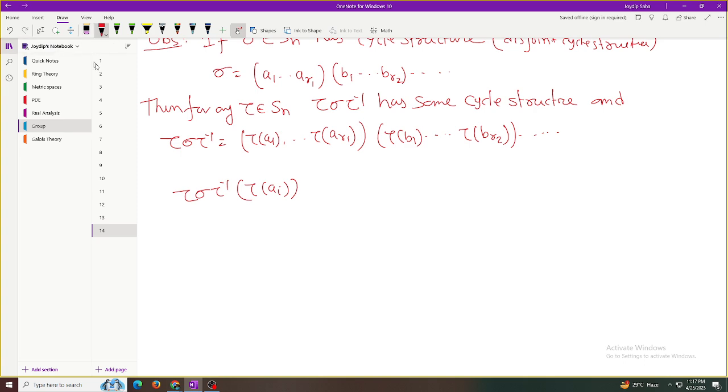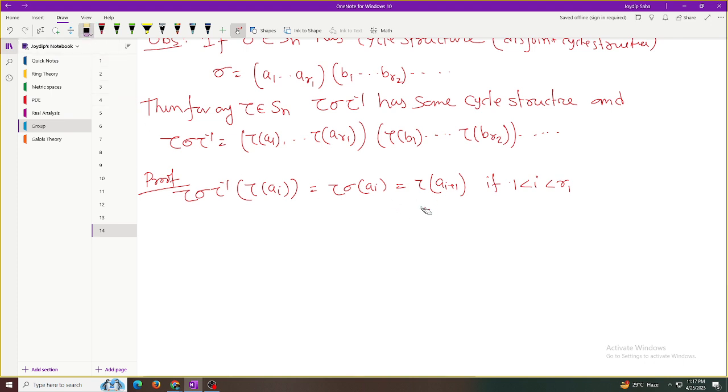Okay, so you have to see tau sigma tau inverse of tau ai. What is this? Proof. What is this? Tau sigma ai. Now sigma ai is a(i+1) if 1 is less than i less than r1.